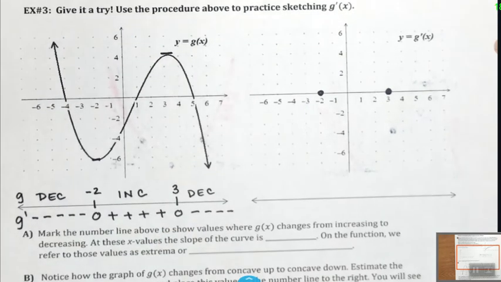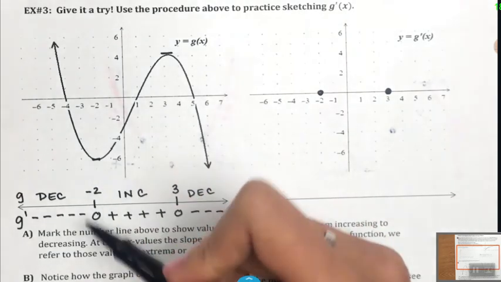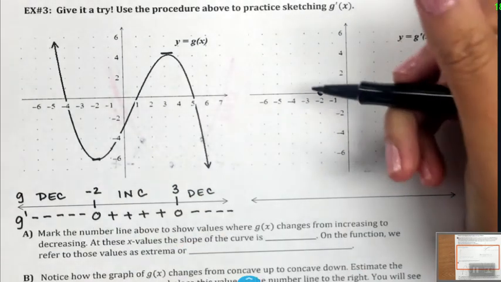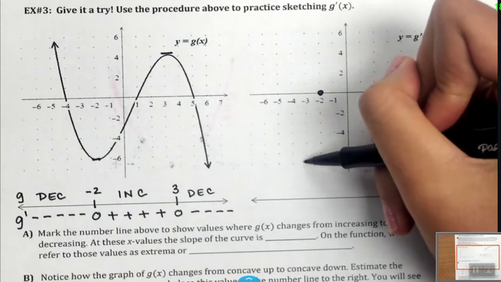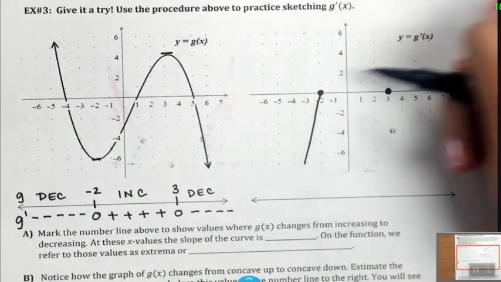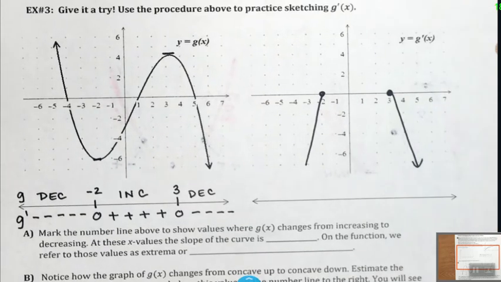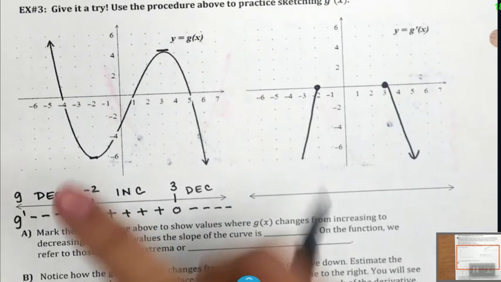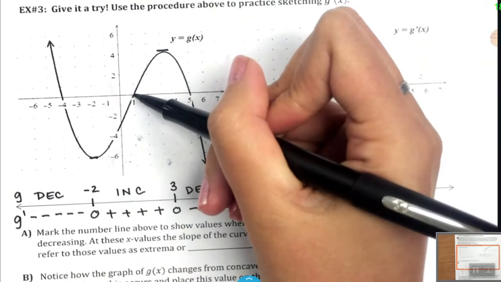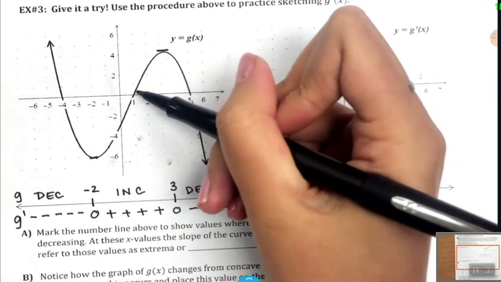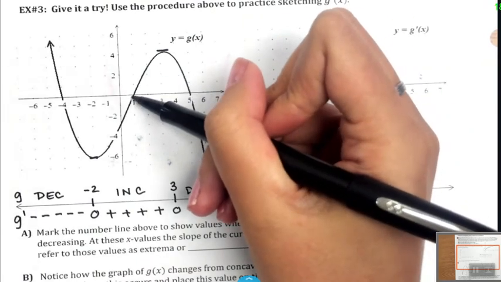Anywhere you have a maximum and minimum. Okay, and then this is a minimum, so I've got to go from negative to positive. So I'm going from negative to positive, and then I'm going to negative again on this side. Right here, where did you say your point of inflection was? 0.7.